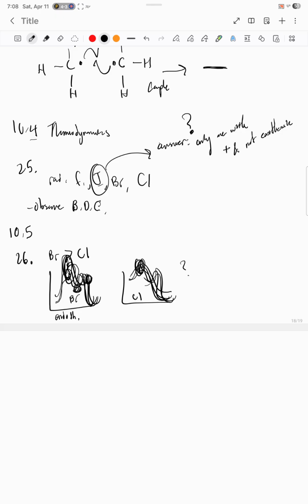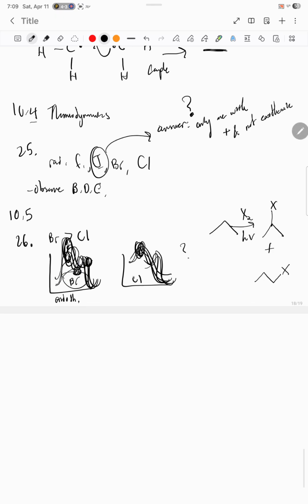Now, if we had this molecule and reacted it with X2 and light, halogenation, we will form this and this. Which one is more major? It depends on bromine or chlorine. With bromine, there will be selectivity for this, I think, but not too sure.